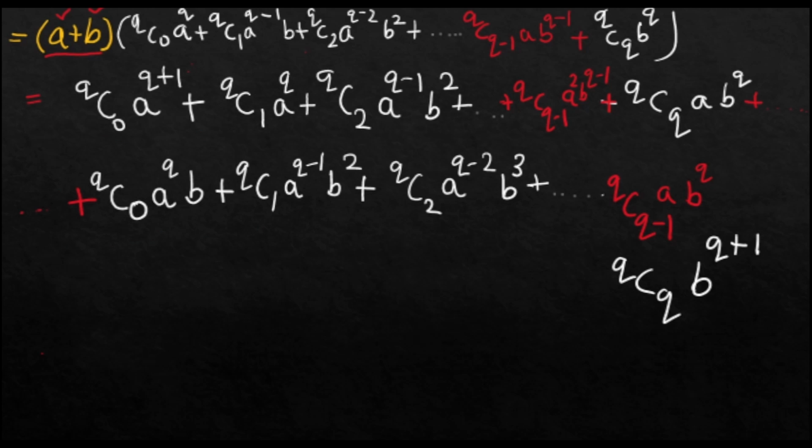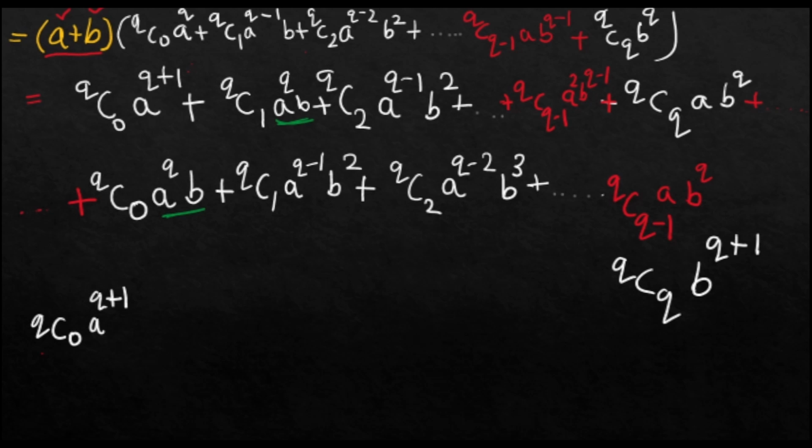And now it's time to group like terms. Which are like terms? Let's see. AQ plus 1. You see AQ plus 1 anywhere? No? None, I think. Let's move to the second one. This one and this one are like terms. So first we will write QC0 AQ plus 1.